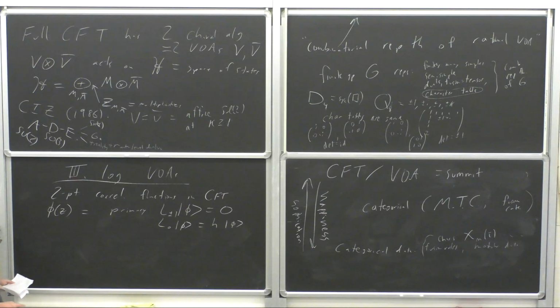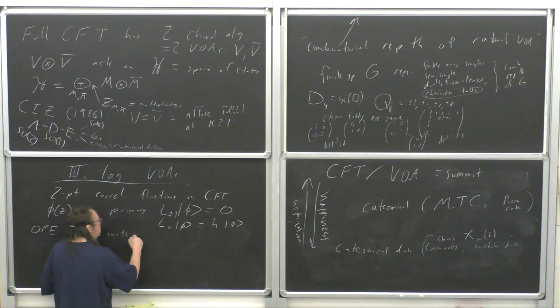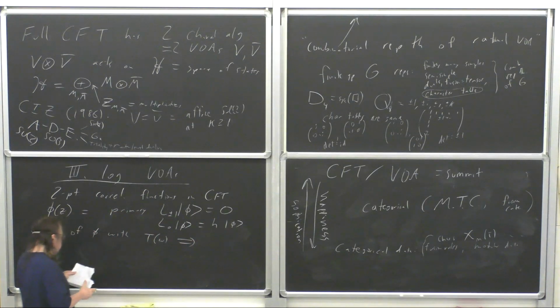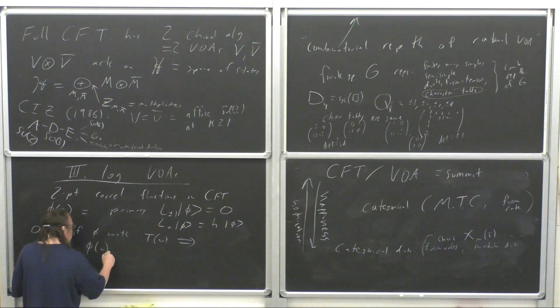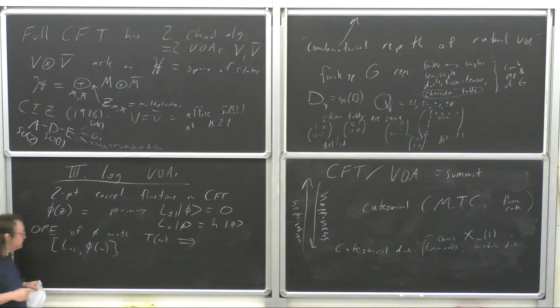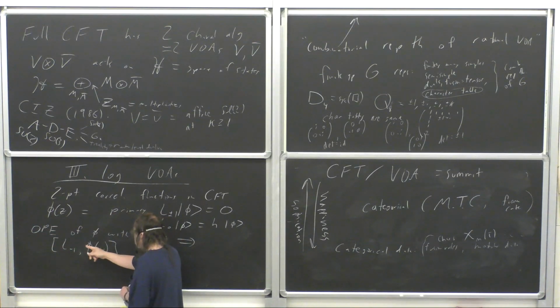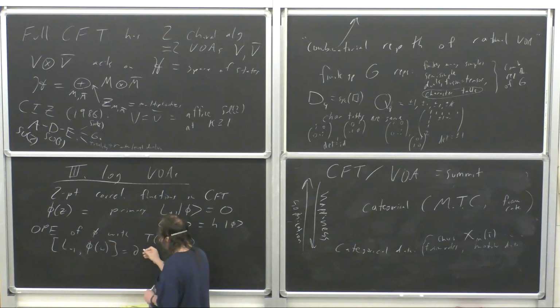Now, if you look at the operator product expansion of our field with the stress energy tensor, what you get is a bunch of commutation relations, which are basic to the theory. I don't think I wrote these down before. The L's are operators. This composition minus the composition the other way is the derivative of your field.